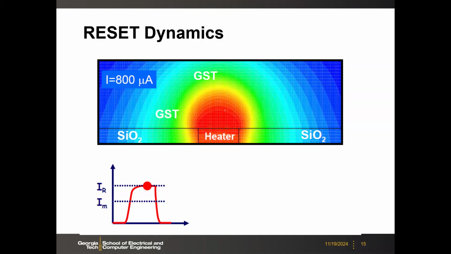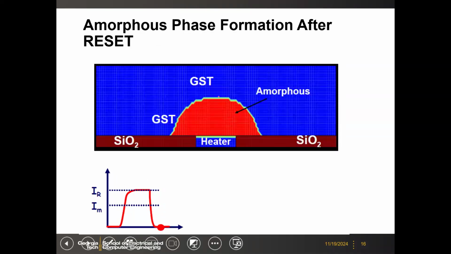So then after that, you quickly remove your current supply, okay? Then the atoms will remain. So here is like this active region, or sometimes people call it like a dome. So then this region will become amorphous, but other regions still remain crystalline, okay?